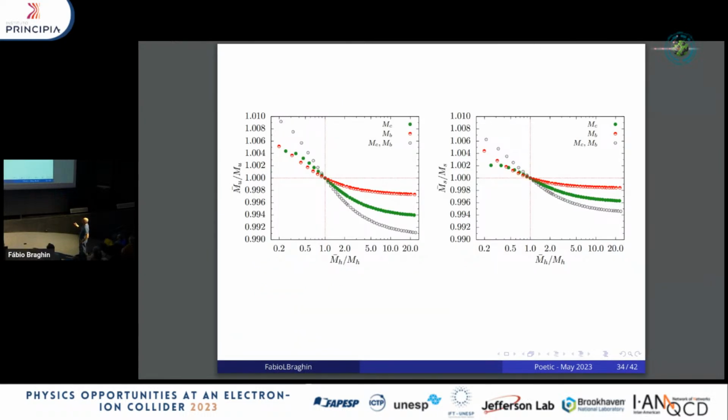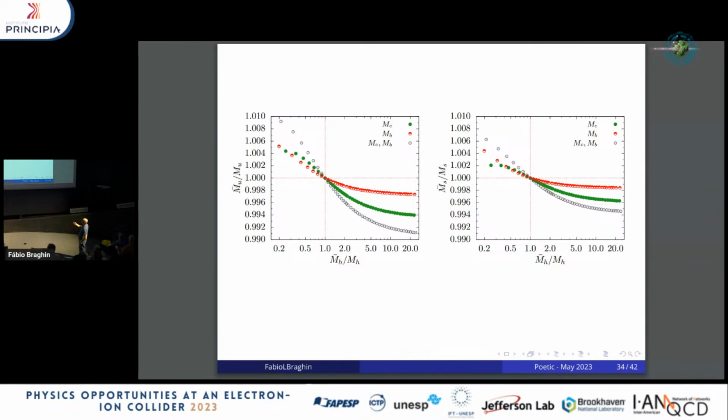So, varying the same way I varied the strange quark constituent mass, we also varied here the charm and bottom constituent quark masses to understand the effect on the meson properties. These are the up quark mass variation with respect to a heavy one.